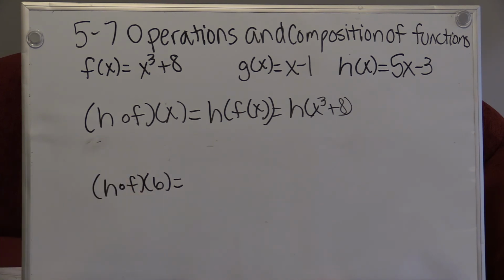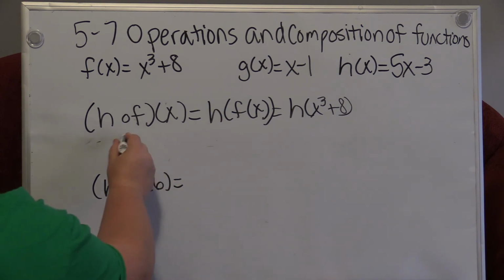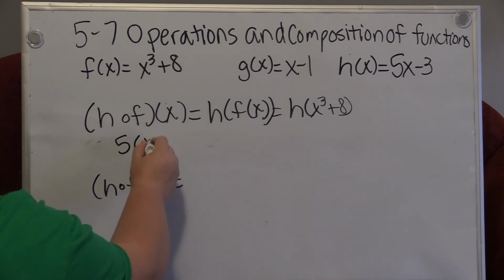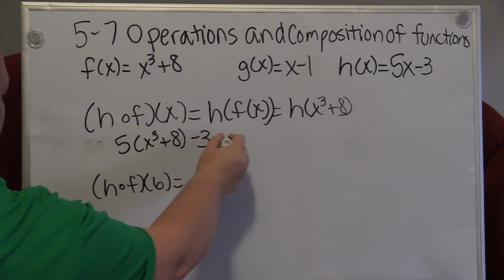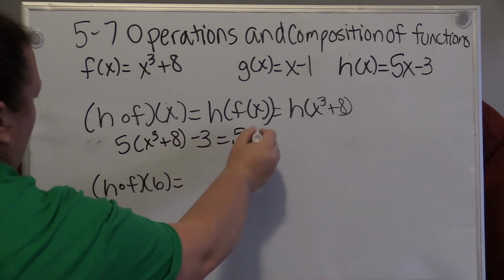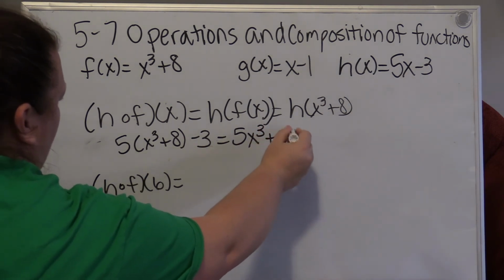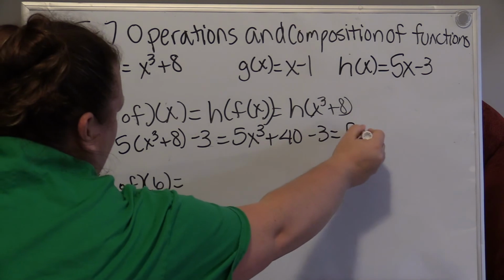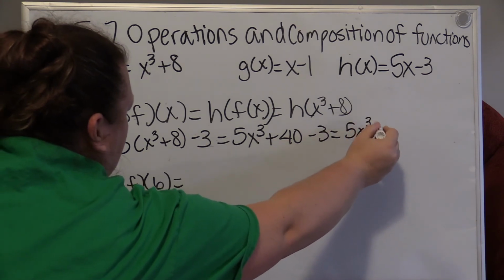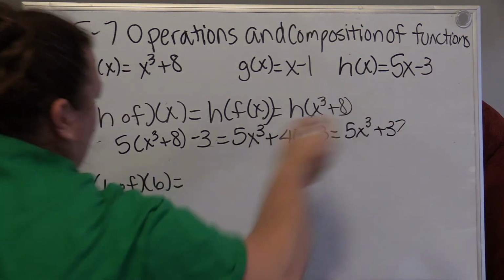A little o. Now, what happens is I'm going to do 5 times x cubed plus 8 minus 3. So I get 5x cubed plus 40 minus 3, or 5x cubed plus 37.